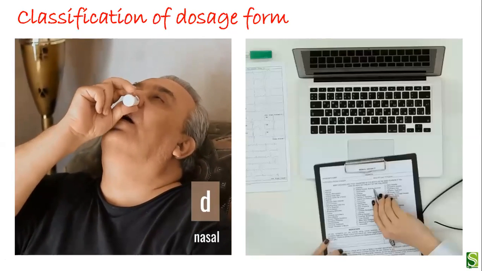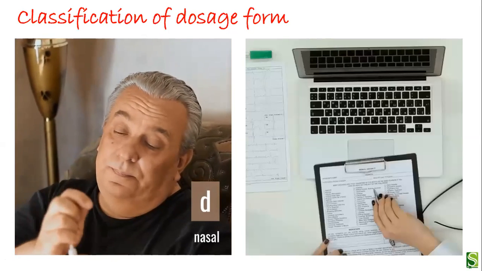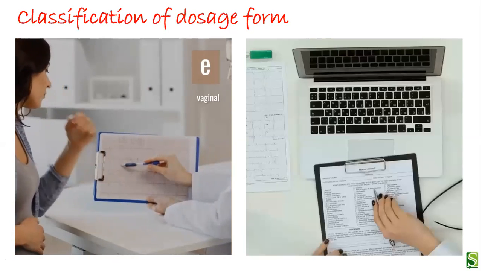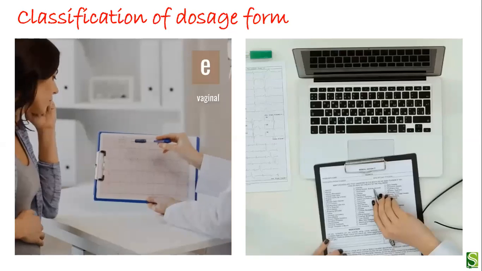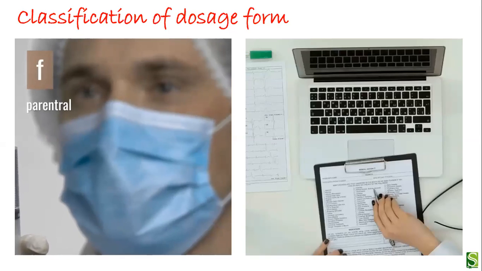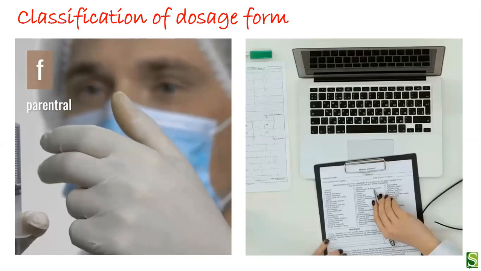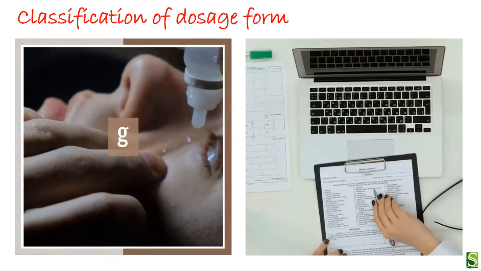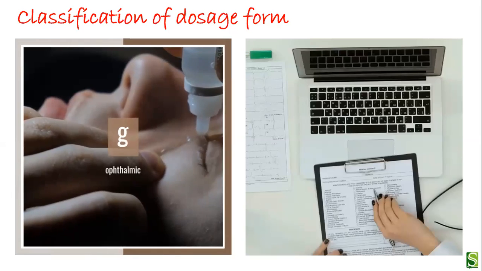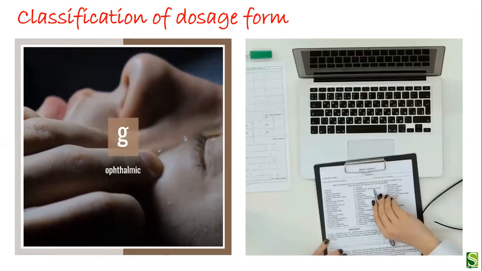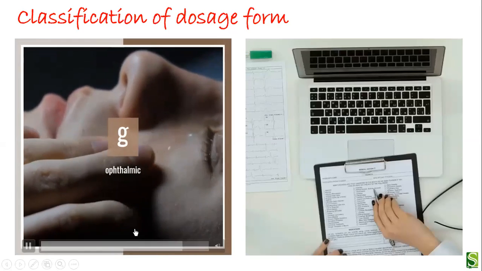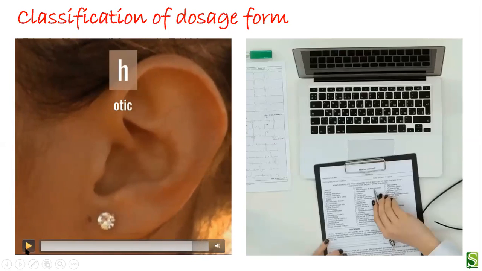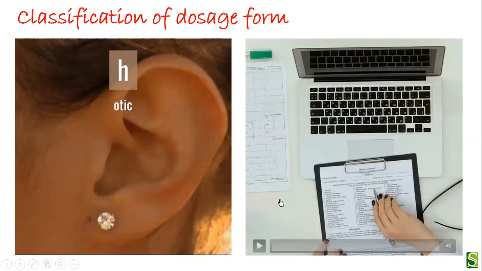Next is nasal formulations. They are to be instilled into your nasal cavity. Next is vaginal. You have to insert the medication into your vagina. Then comes parenterals. Parenterals are nothing but injectables. Then ophthalmic dosage forms and otic dosage forms. Otic means they are to be instilled into your ears.